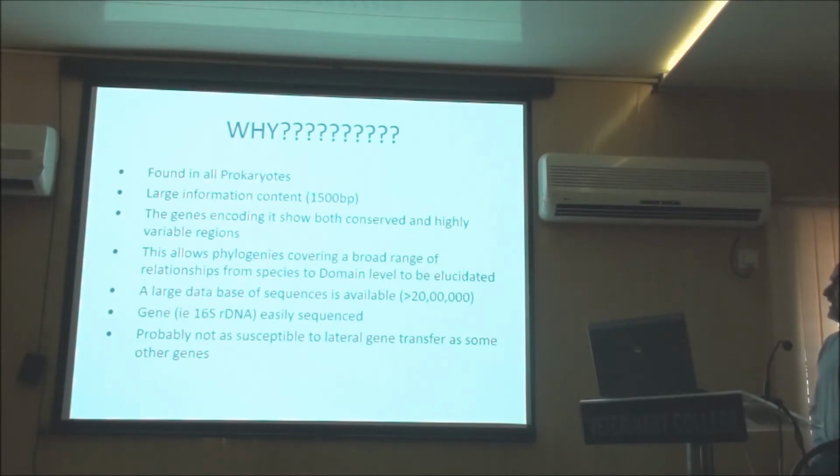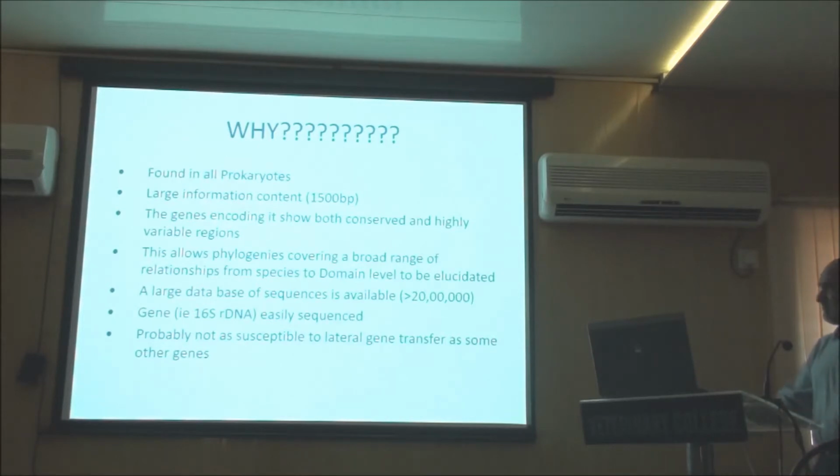Then it allows a broader range of phylogenies to be covered. Again, we'll see actual examples of this from domain to species level, and that is another advantage as we shall see later. And again, this is an issue which we are going to revisit again and again, that a huge database is available. Today the database stands at something like 2 million sequences. Huge database is available for sequence comparisons.